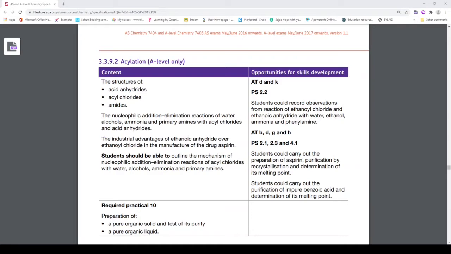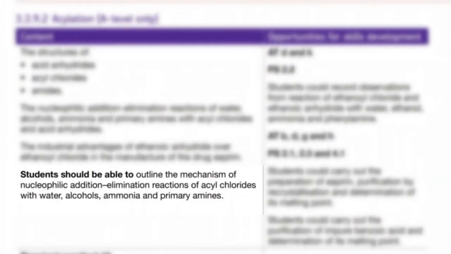I have not yet discussed the use of anhydride in making aspirin, which we'll bring into the next one, which is also a required practical. And we will be looking at today this section here on the mechanism.